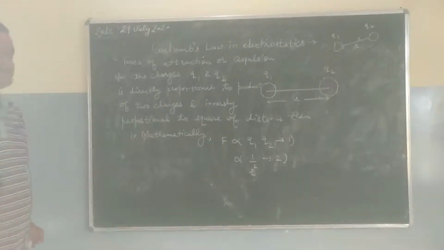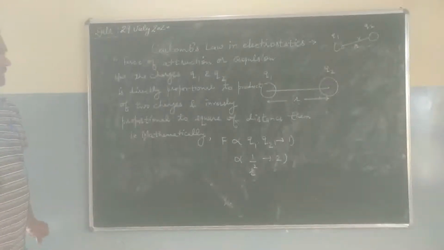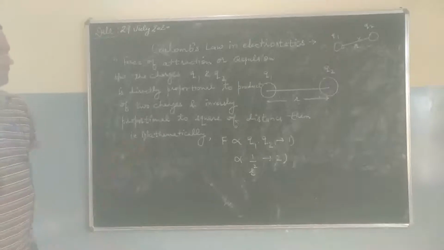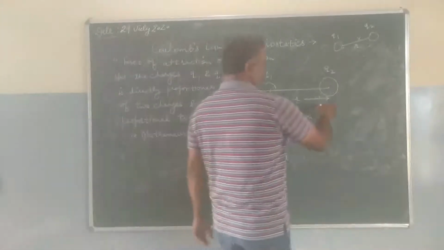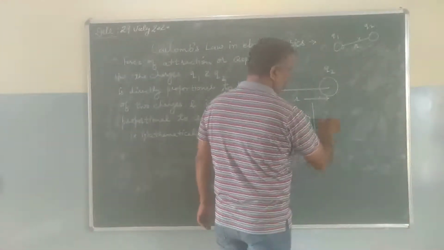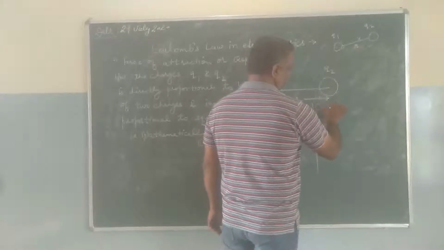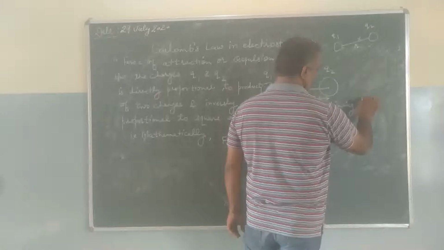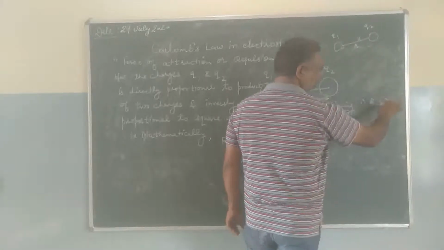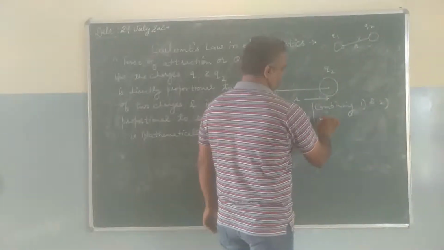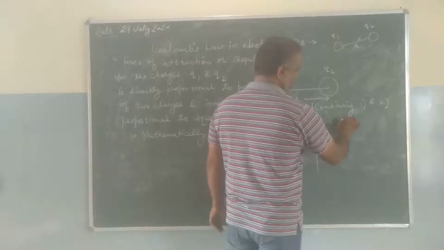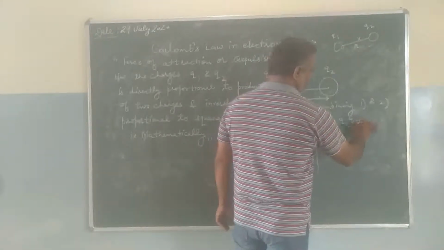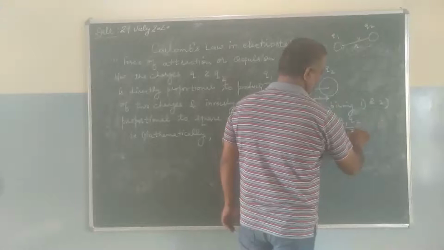Is it clear? Now combining 1 and 2, we will get F directly proportional to Q1 Q2 and inversely proportional to R square.